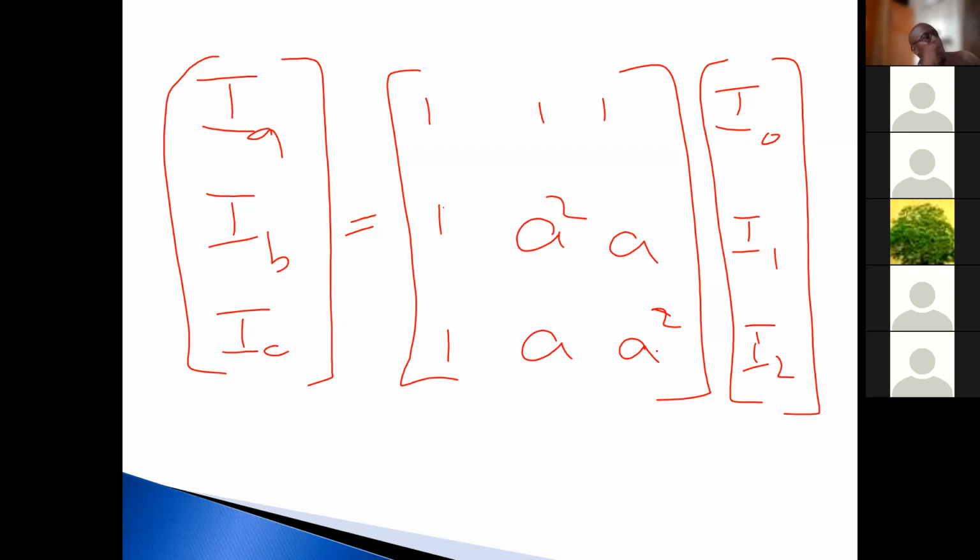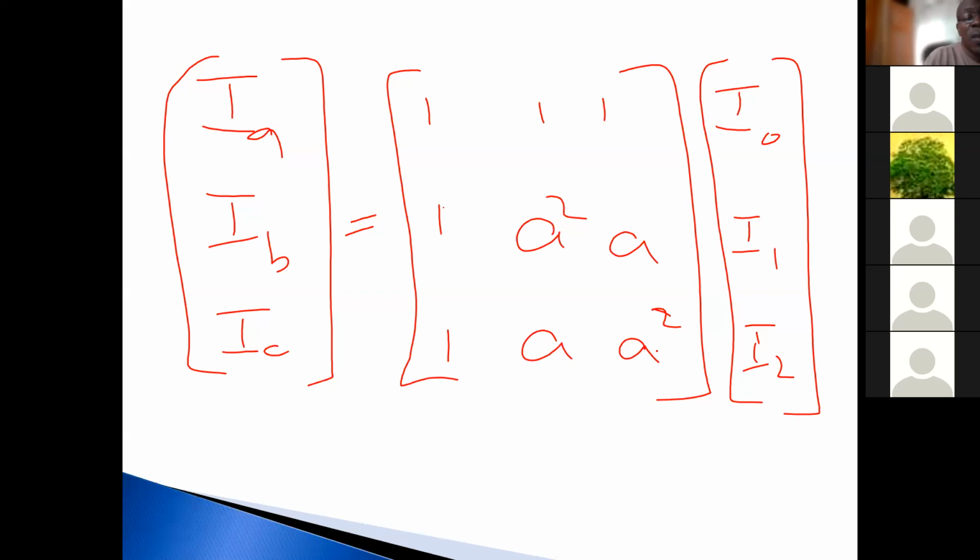Without using our T matrix, what would IA be equal to? 3 times I1, sir. 3 times I1. All right, so you can use the T matrix. As I said, I hope you have it stored in your calculator, so you don't have to keep putting it in. That does take a little time.